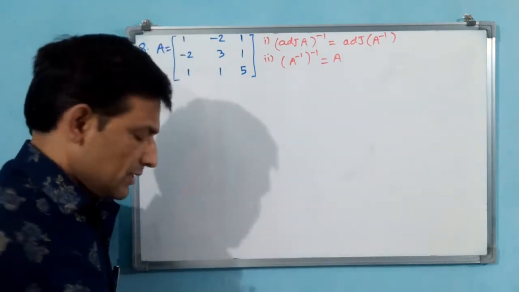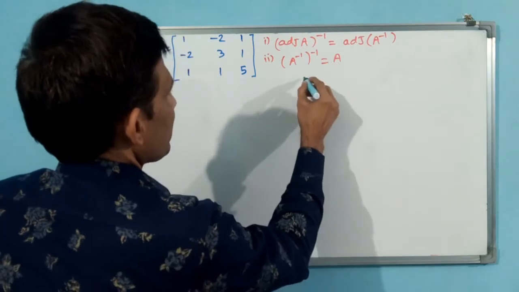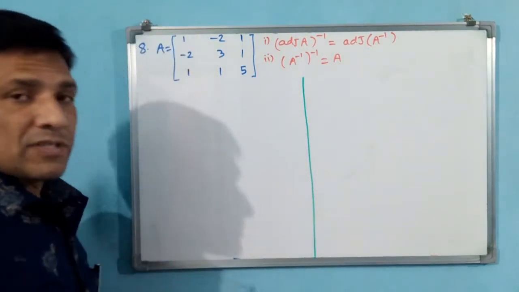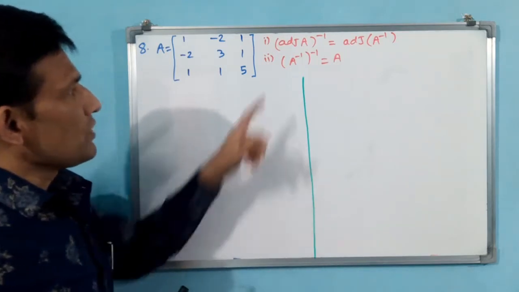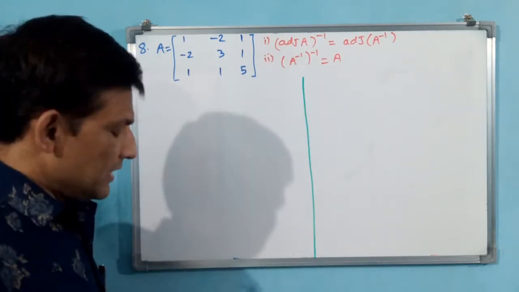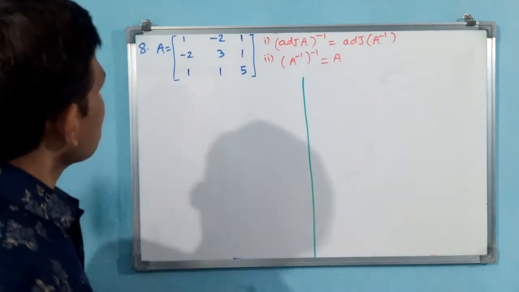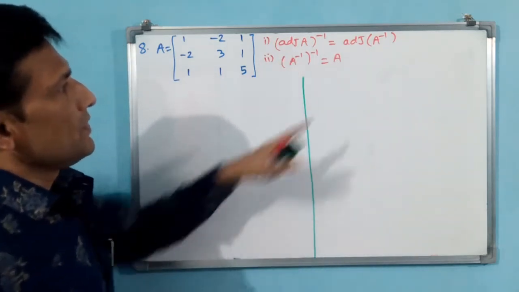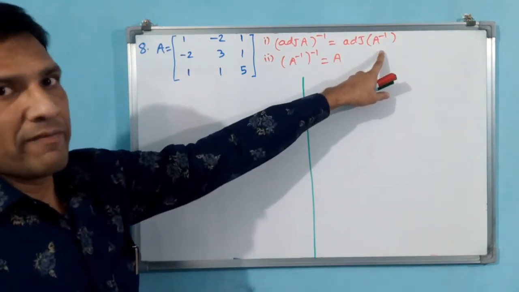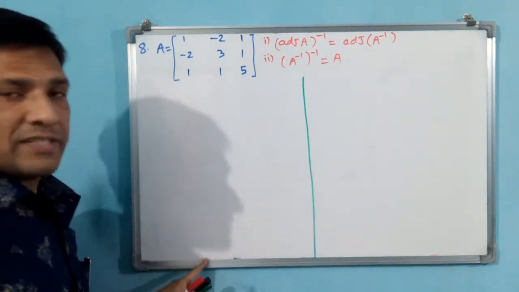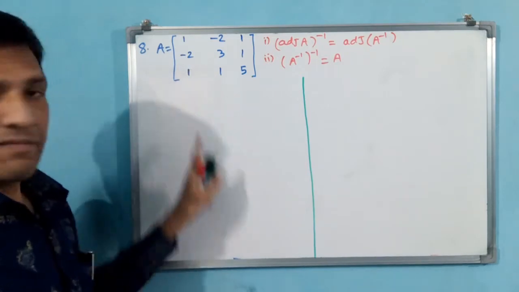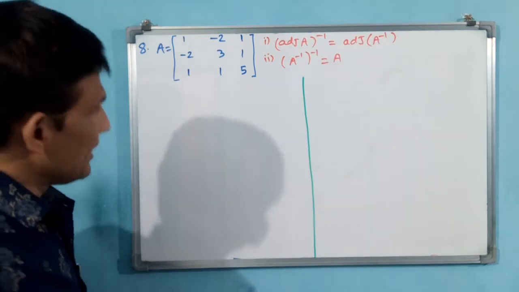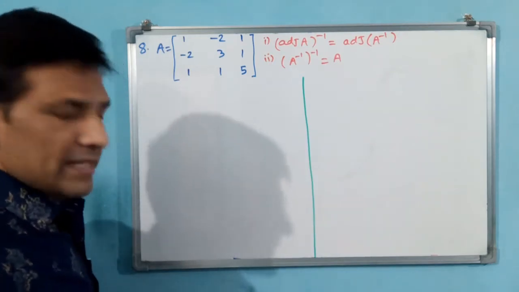First we are doing adjoint A. For adjoint A, A inverse is required anyway. As usual we will first do A inverse; in this only adjoint A will come, that we know very well. We will utilize adjoint A afterwards.